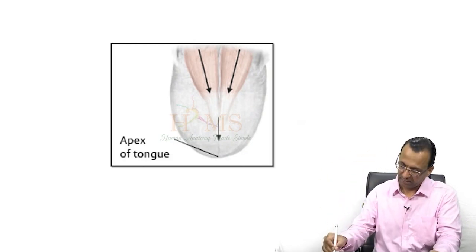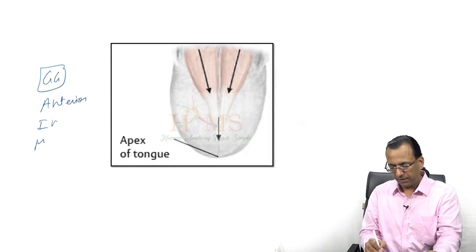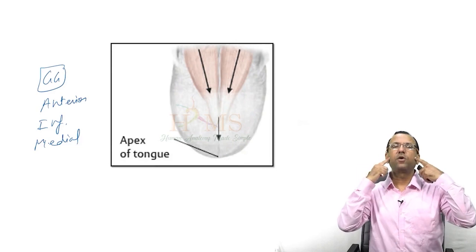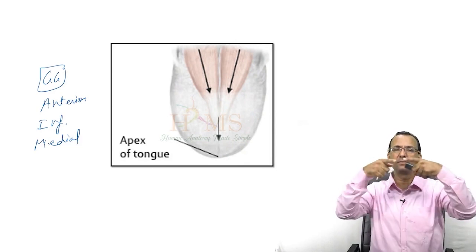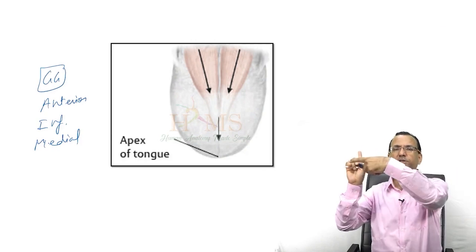Similarly, remember, the genioglossus muscle is a muscle of the tongue. It will aim the tongue, meaning it will take the tongue anterior, inferior and medial. As the lateral pterygoid will aim the mandible, and if the right muscle is not working, the mandible deviates to the right side.